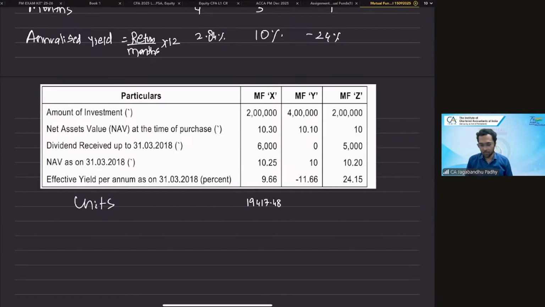For mutual fund Y, 39,603.96. Then 20,000 is the number of units.